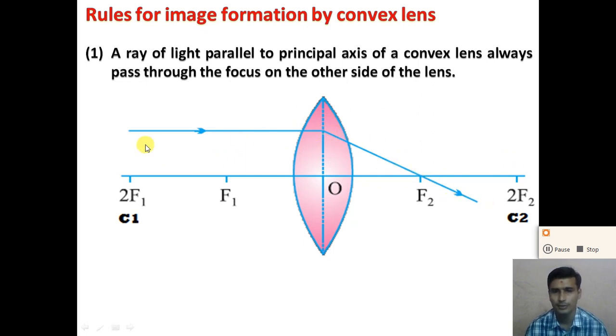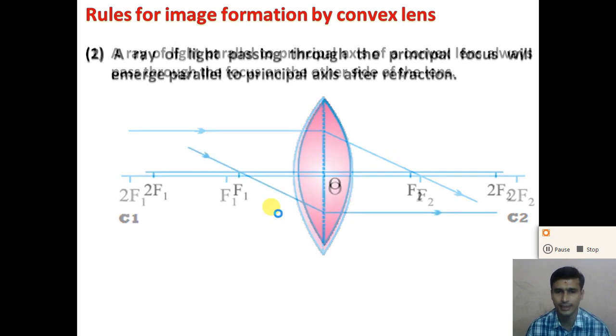So if we send a ray of light parallel to the principal axis, after refraction the ray of light passes through the principal focus on the other side.